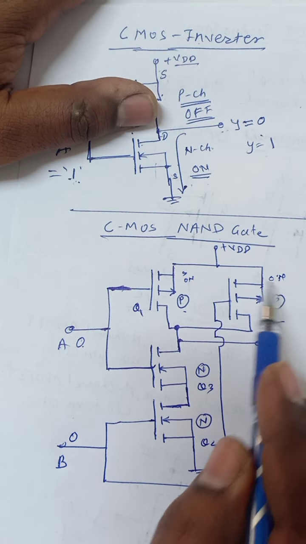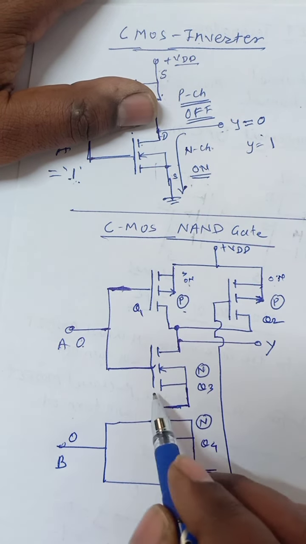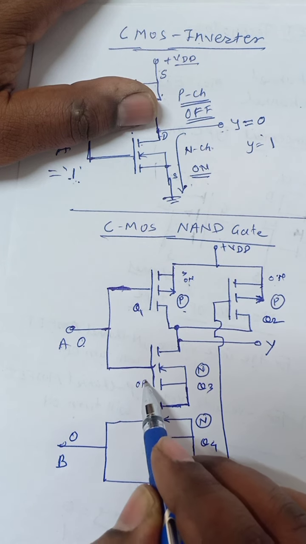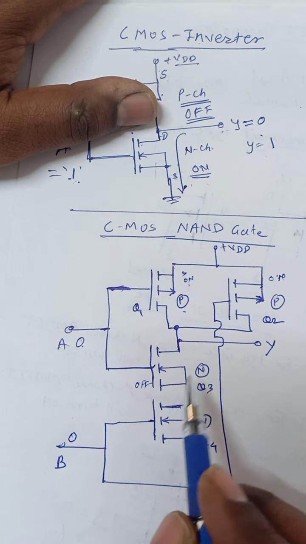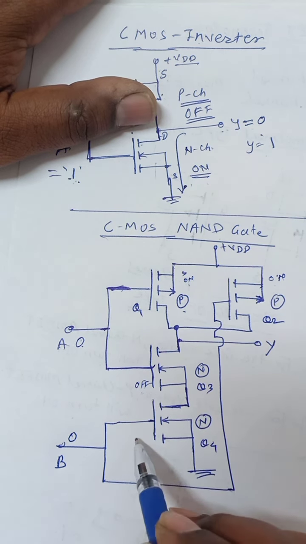The two lower transistors, because of 0, the N channel will turn off.